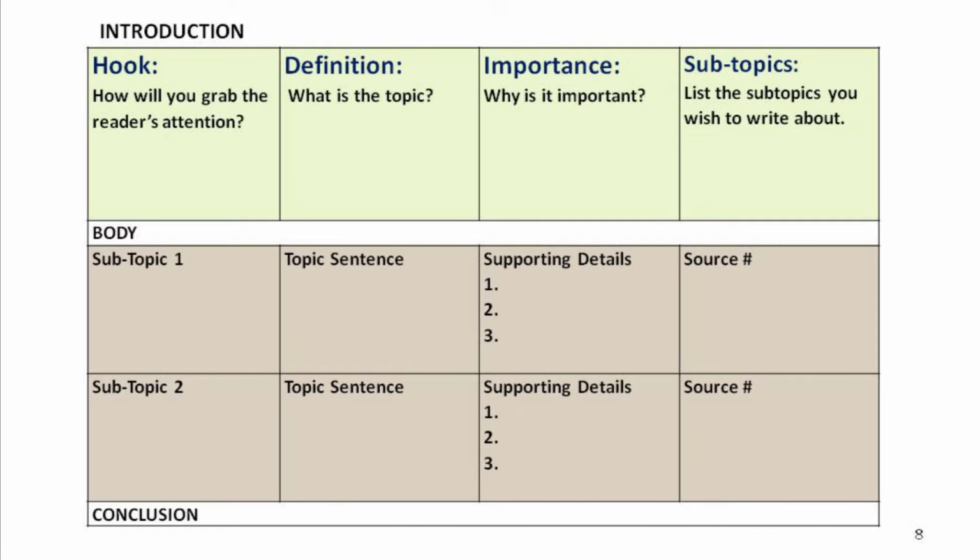That is, the source from which we are taking our evidence. Finally, we have now our conclusion. The conclusion is basically bringing all our ideas or thoughts in a nice little package, signaling to the reader that we have come to the end and we have said all that we wanted to say.